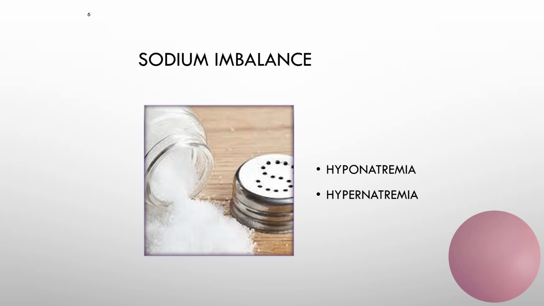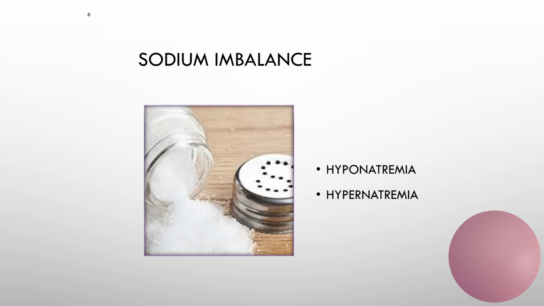If we have high levels of sodium, we usually have higher levels of water. It's also the major ion in the extracellular area. The normal levels are 135 to 145.